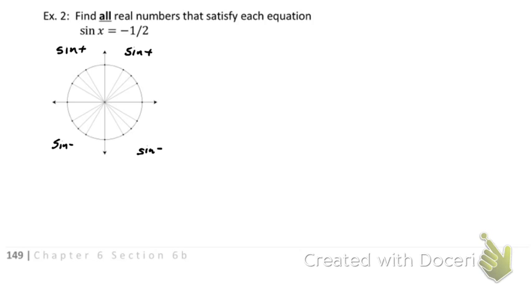It's pi over 6. So that means our two places are going to be something over 6. Well, to be in the third quadrant, we have to be 7 pi over 6. To be in the fourth quadrant, we're going to go 11 pi over 6.